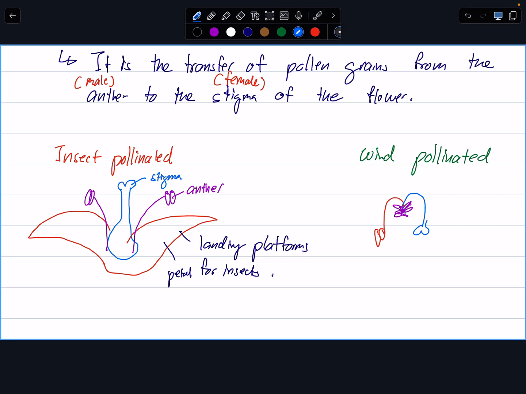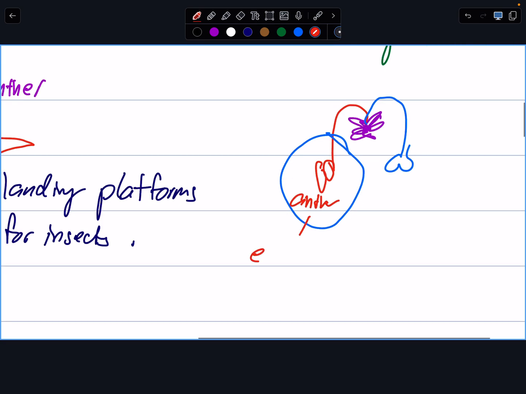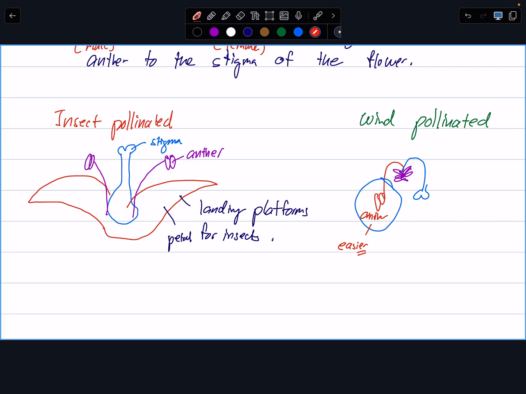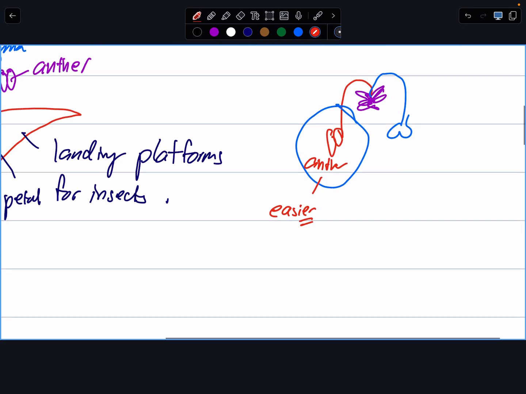When it's hanging out, we say that it's easier for the wind. This is the anther. For the anther, it's easier. There must be a comparison word compared to the insect pollinated, because in the insect pollinated, the anther is not hanging out. So it's easier for the wind to pick up the pollen grain.